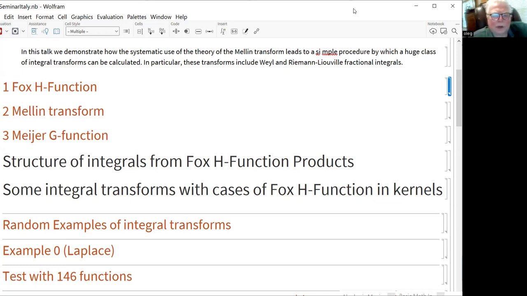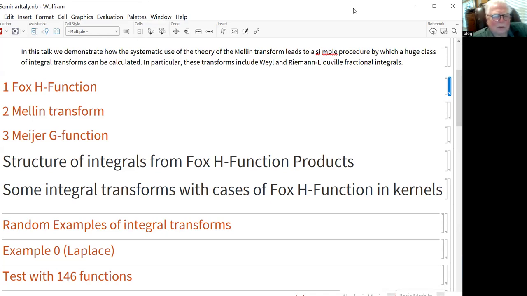Dear friends, dear colleagues, I am happy to start to talk about my activity in special functions and integrations. I'm working in Wolfram Research by invitation almost 35 years.